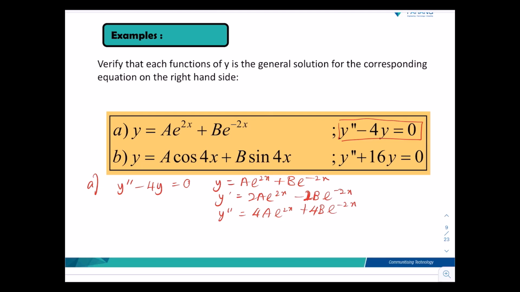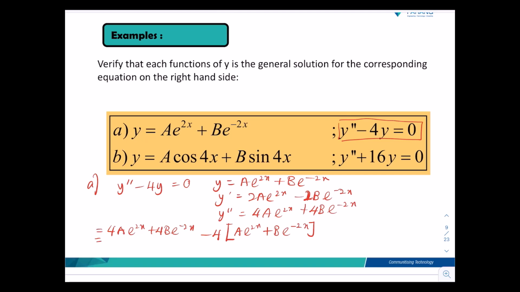Now we have to check whether 4a e^(2x) plus 4b e^(−2x) minus 4 times y, which is a e^(2x) plus b e^(−2x), equals 0.